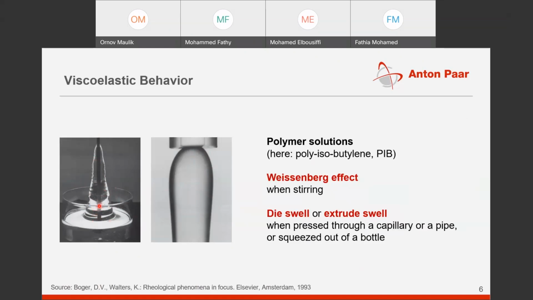So when the direction of the normal stress is upwards, that means along the stirrer direction, then the viscoelastic material climbs up. This particular phenomenon is very common in polymer solutions. And when you go online and see different videos, you would find a lot of videos showing this particular effect.